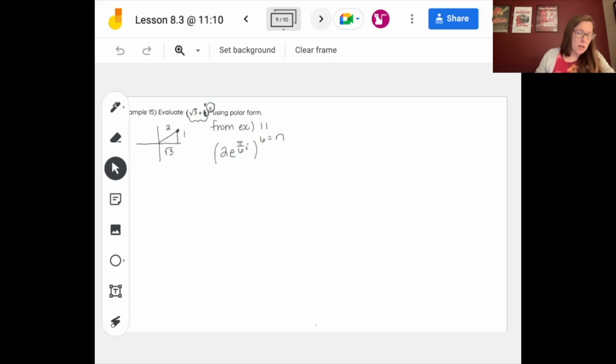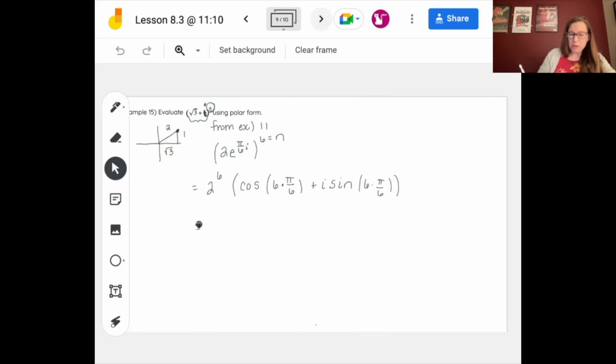And I can utilize de Moivre's theorem to help us rewrite this and evaluate. So I'll start with my radius, which is my radius to the n, 2 to the 6th, times cosine of 6 times my theta of pi over 6 plus i times sine of 6 times theta of pi over 6.